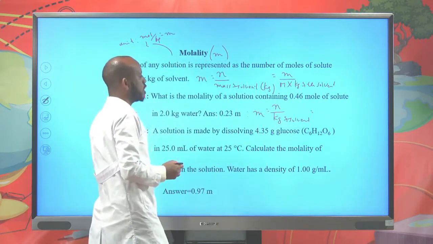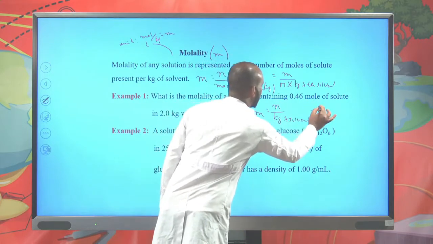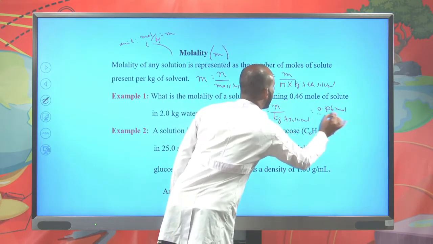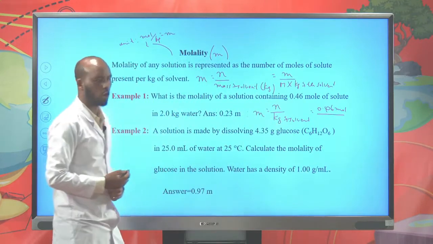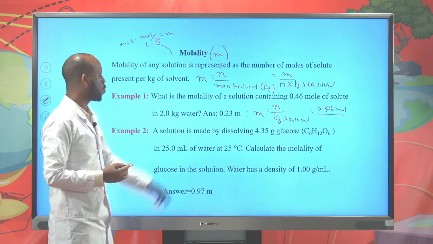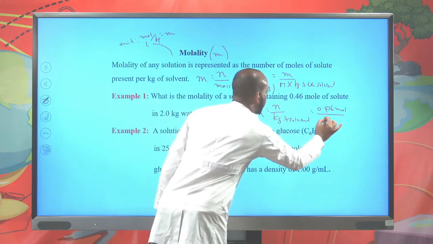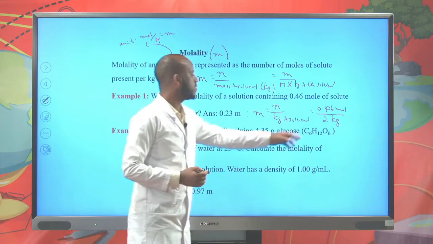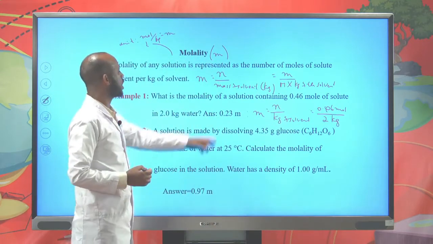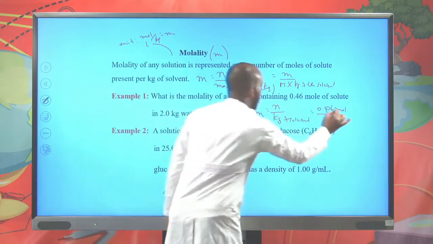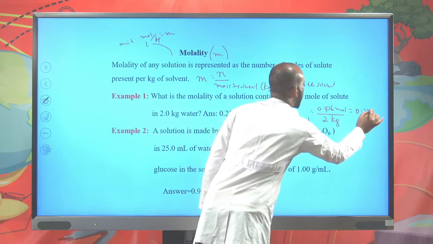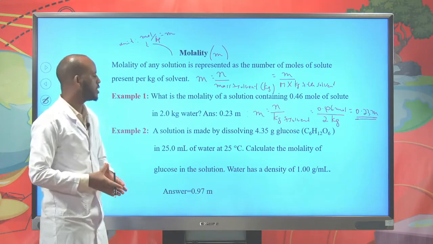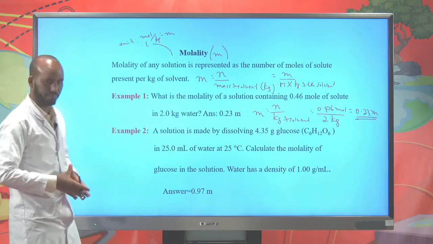Number of moles of solute is 0.46 mole, divided by 2 kg of water. 0.46 divided by 2 is 0.23, so 0.23 molal is the molality of this solution.